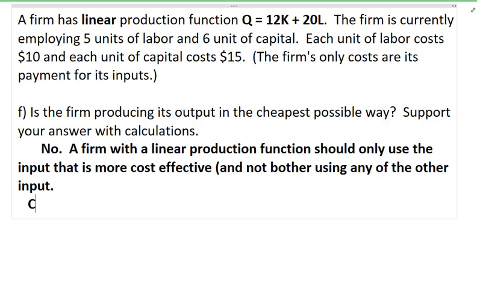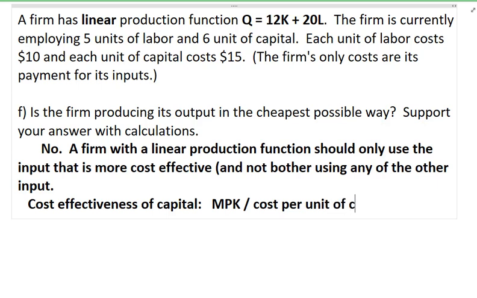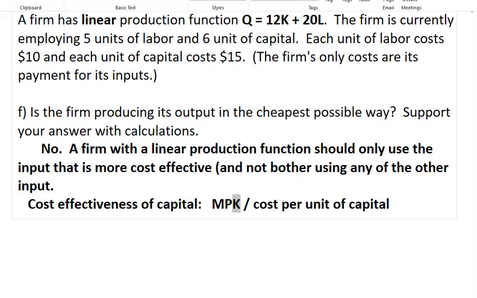Let's see. Cost effectiveness of capital. We need the marginal product of capital divided by the cost of capital, right? Marginal product of capital divided by cost per unit of capital. The top part is the benefit of hiring a unit of capital. The bottom part is the cost. I'm going to make this a little subscript.